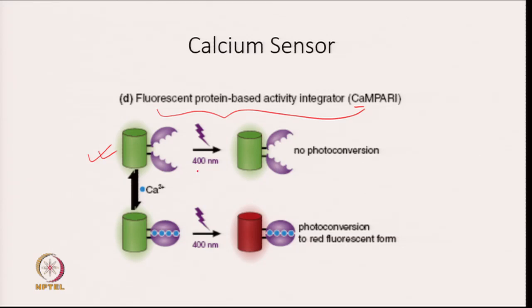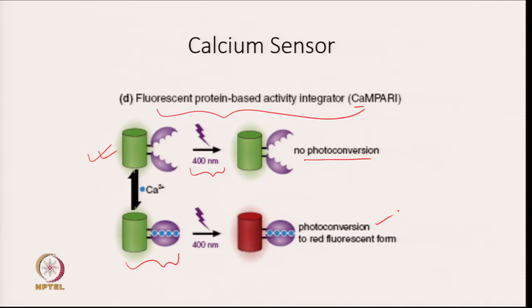If I excite it at 400 nanometers, there will be no photoconversion, but if I add calcium and it goes to the calcium-bound form, then when you excite this calcium-bound form at 400 nanometers, there will be photoconversion to the red fluorescent form.